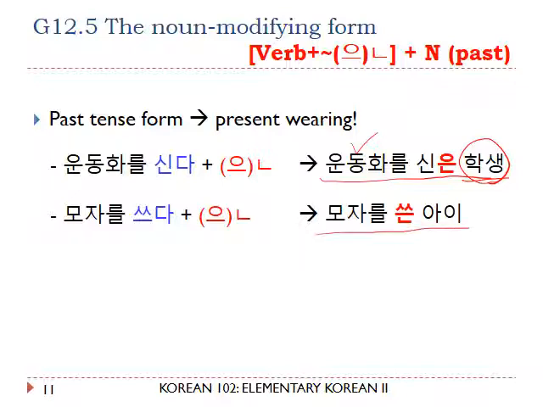Look at another example. 모자를 쓴 아이. 자, 모자, hat or cap. 아이 is a child. So it literally means a child who has put on a hat. But again, it is understood as a child who is therefore wearing a hat now. A child who is wearing a hat.